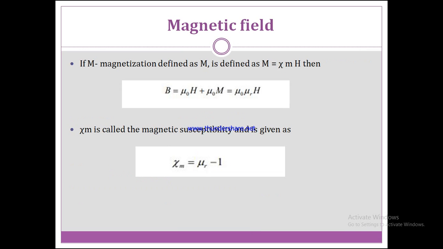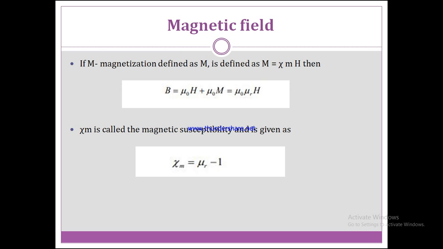When magnetization happens, the amount of magnetization is indicated by capital M equals chi m into H. Then the magnetic flux density B equals mu 0 into H plus mu 0 into M. It becomes B equals mu 0 mu r into H, where chi m is called the magnetic susceptibility, given as chi m equals mu r minus 1.